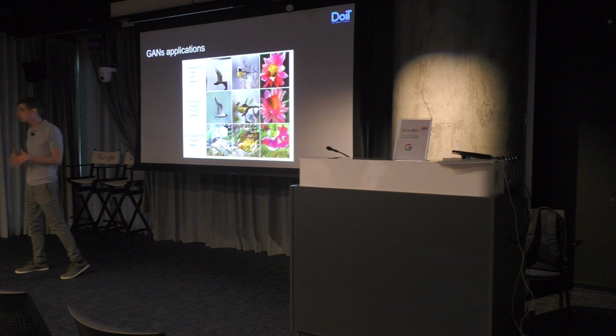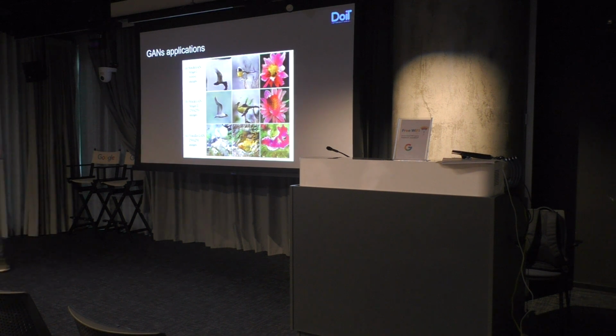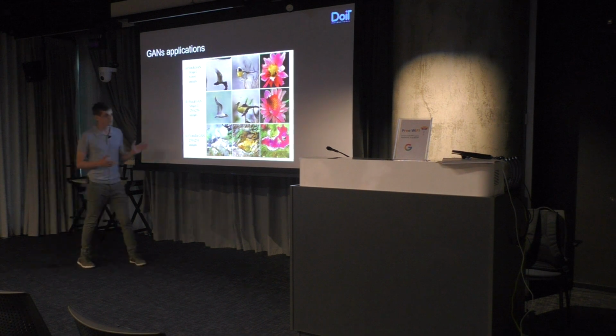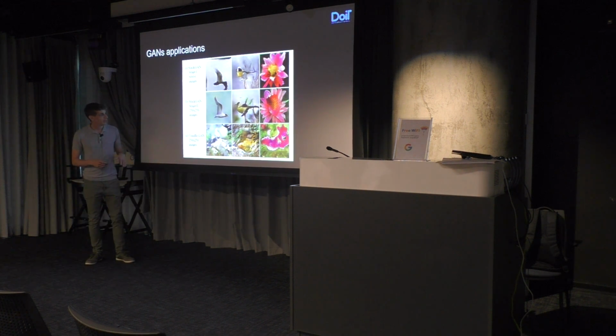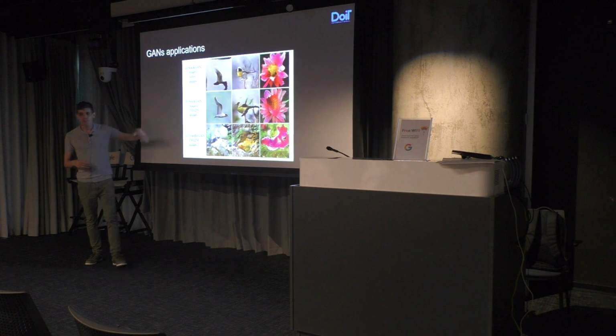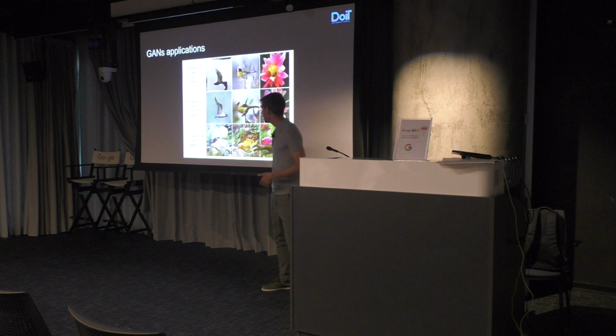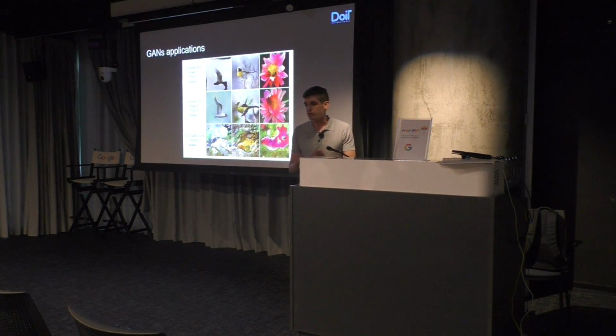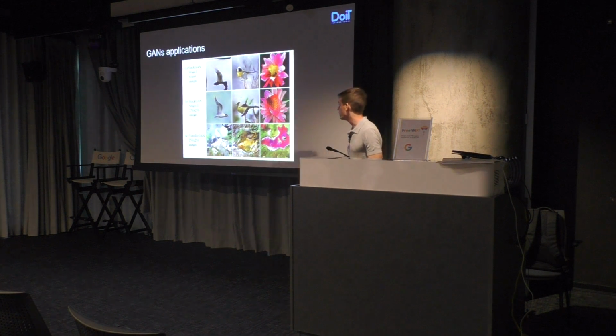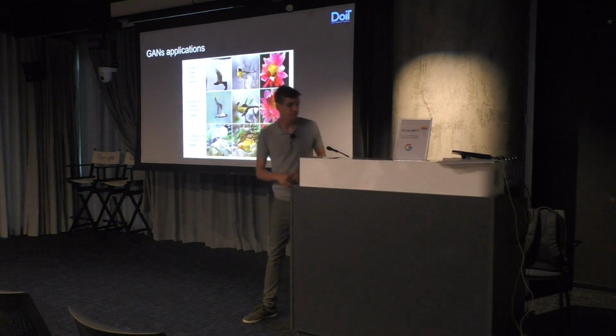The first initial results were not that outstanding, but the whole concept of a computer that can imagine or can generate data and not just tell us if it's a bird or a duck was kind of groundbreaking. And with time, we have seen a lot of progress, and there are lots of ways to make improvements upon the vanilla GAN. I'll be discussing mostly a technology, a way to improve the training of GANs, but I will also be mentioning a few other techniques.